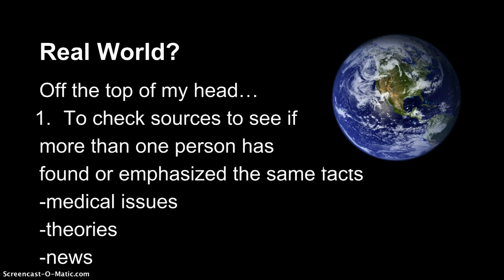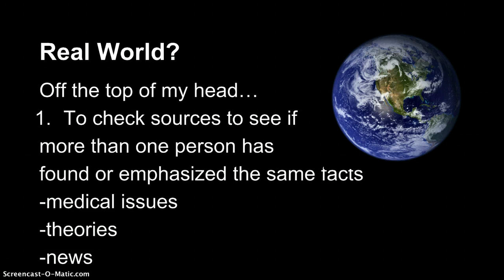And I've been thinking a lot about the real world and how something like comparing and contrasting applies in the real world. Off the top of my head, one way that I personally and other adults and other non-adults, I suppose kids, use this skill of comparing and contrasting text written by different authors is to check sources to see if more than one person has found or emphasized the same facts.